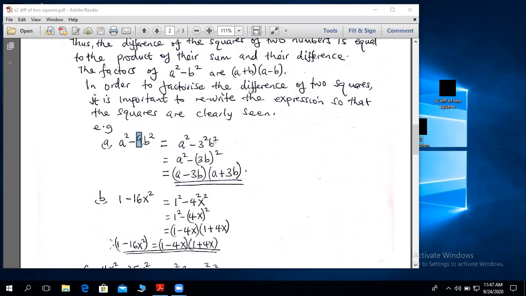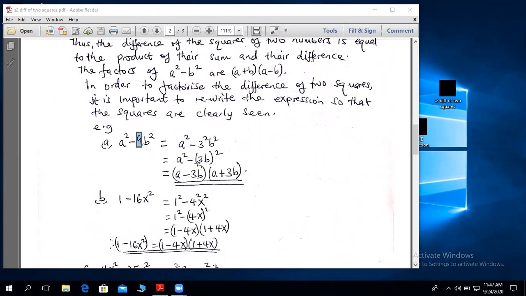And b squared, such that all the numbers I have here are squared. What am I aiming at? I want to use a difference of 2 squares. So 3 squared b squared is the same as 3b.